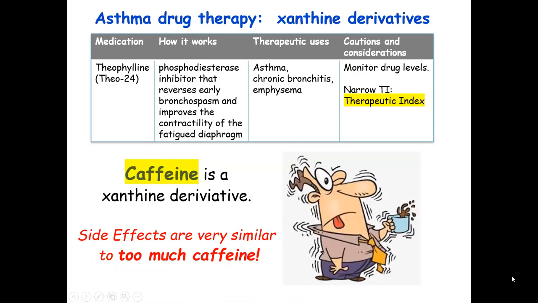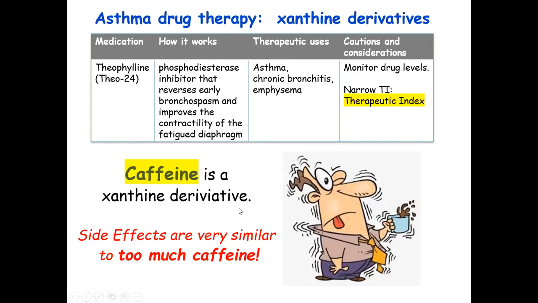Okay, xanthine derivatives. We've got theophylline. What's important about theophylline is that it has a narrow therapeutic index. What does that mean? If you don't give enough, you might as well not be giving any at all. It's not going to do any good. If you give just a little too much, it's like you're trying to kill somebody, because theophylline is a xanthine derivative.